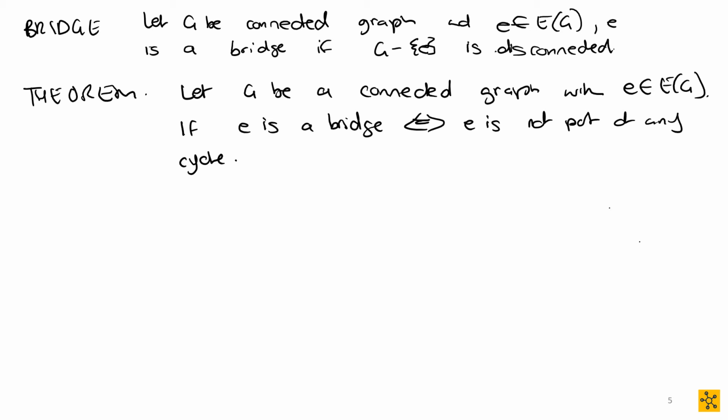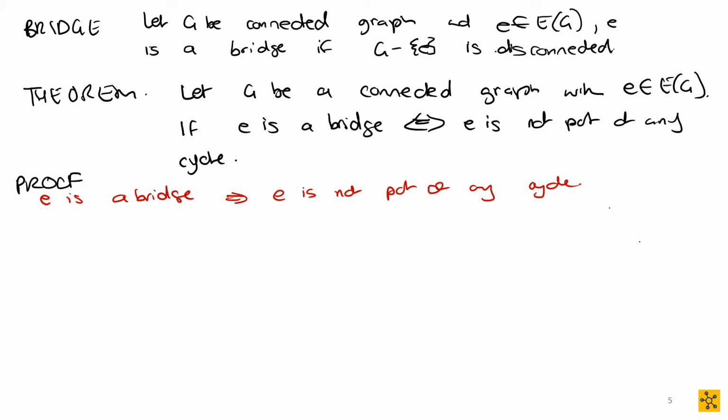So first up, part 1. We are going to look at: if E is a bridge, then E is not part of any cycle. Okay, so we start the proof.